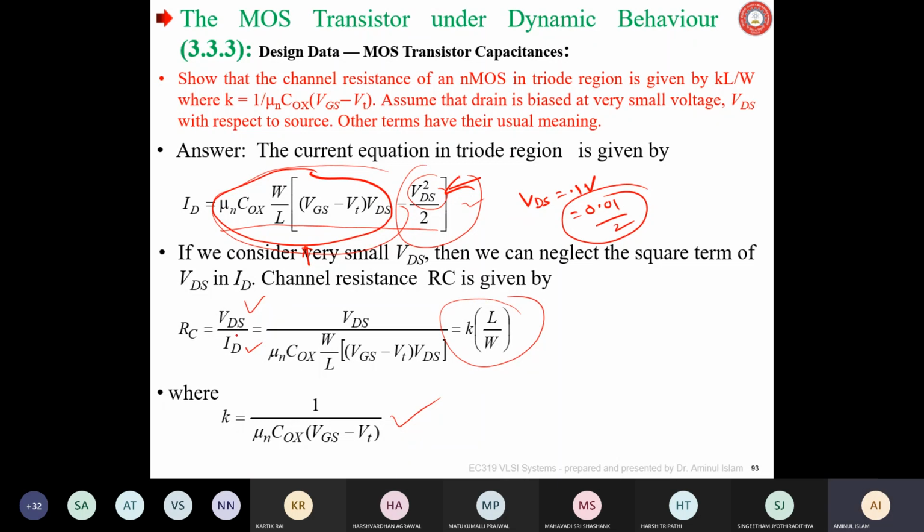The channel resistance is VDS by ID, so VDS divided by this portion of the equation, neglecting the square portion, gives you K into L by W, where K equals this. Is it understood? If anybody has not understood, tell me.